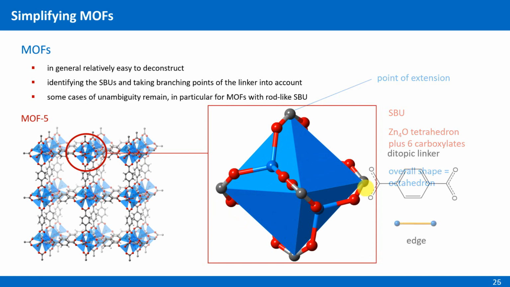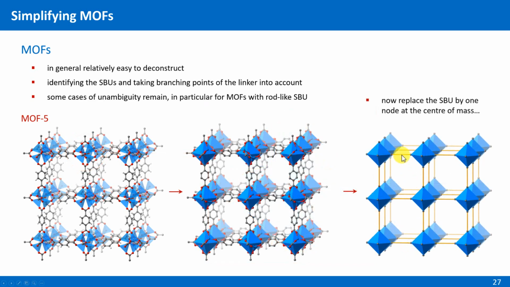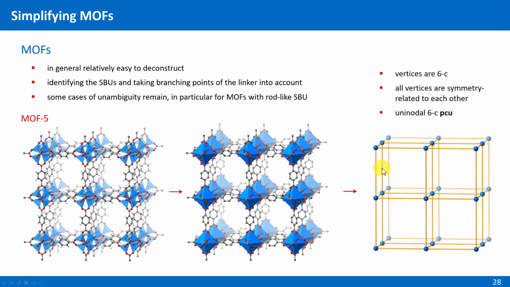And the linker is the terephthalic acid dianion. It connects exactly 2 SPUs and is therefore only an edge. So, if we now replace this SPU by a node at its center of mass and connect these nodes according to the connection scheme, and this is exactly what ToposPro does, then we will end up with this net.